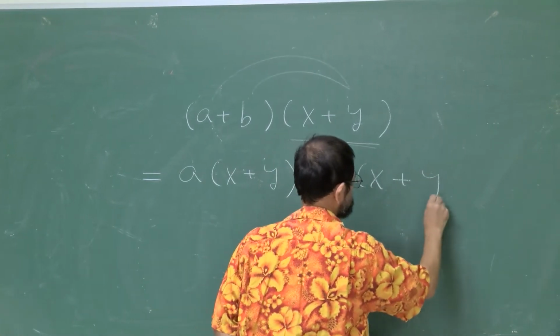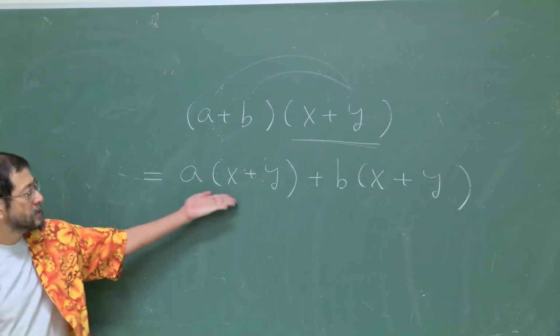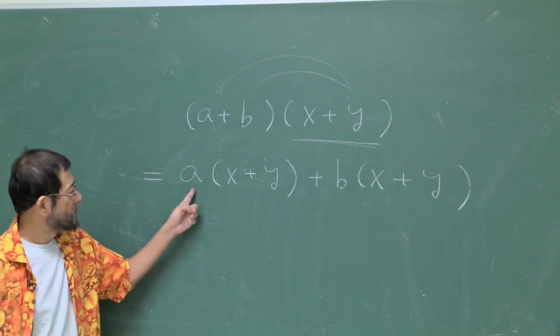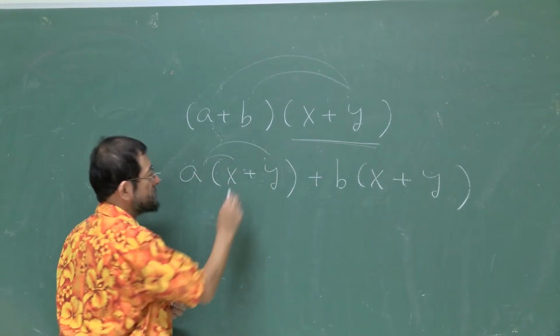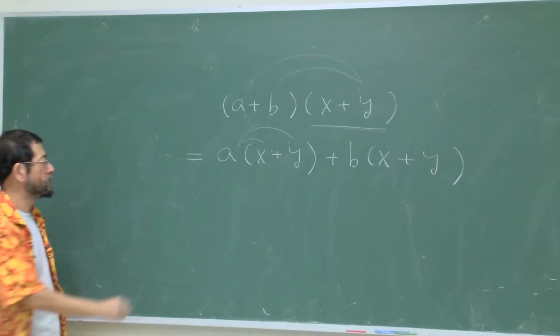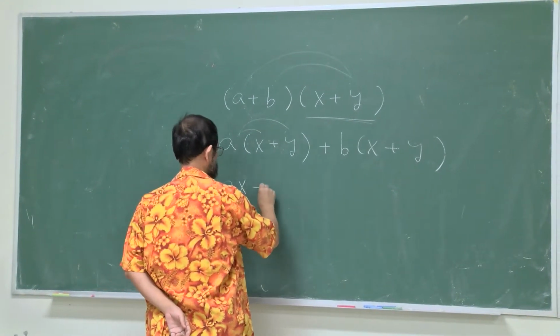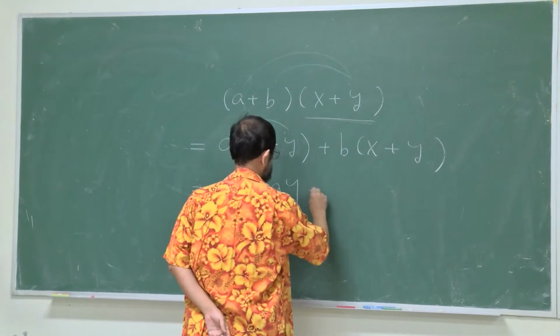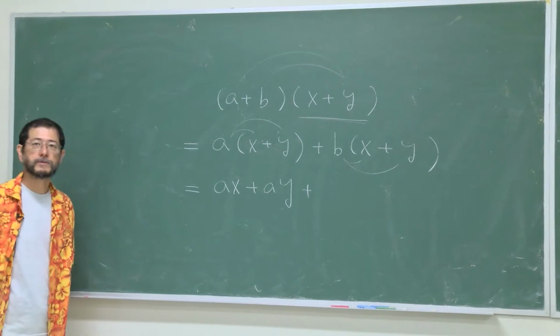Okay? However, if you look at each piece, we can distribute again, for a over x plus y. So let's do this. So this is ax plus ay plus, for this one also you can do this.